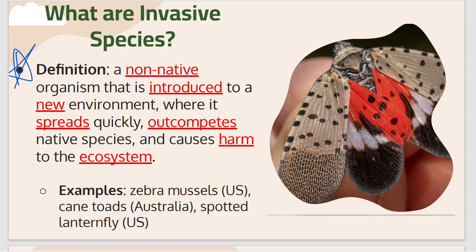Because they do not belong in this environment, they spread quickly and can outcompete the native species, ultimately causing major harm to the ecosystem. This is considered a human impact because it's human actions that bring these organisms to the new area that they do not belong.